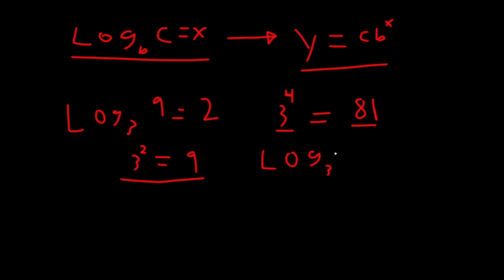This number will go in front of the log base, it's 81, and this number that is above the 3 here will always go to the other side of the equal sign. The nice thing about this is it's consistent every time. No matter how you use it or what numbers go in your b, c's, x's, etc., it will always end up like this. So there isn't really a trick. It's just one pattern that you can do.